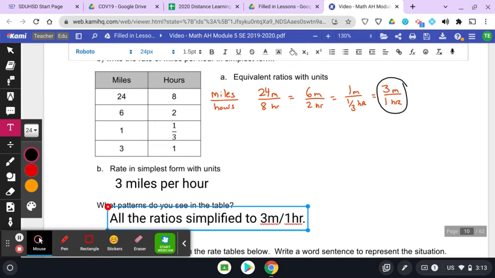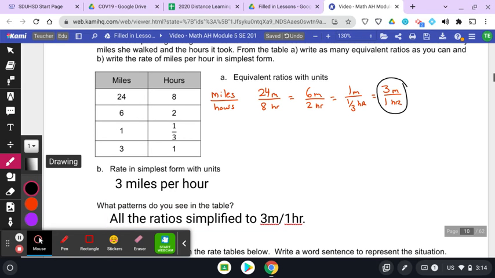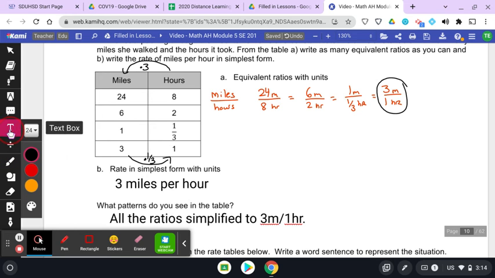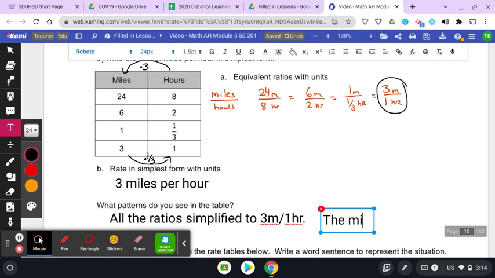It helps us because we see that if we are at hours and we want to get to miles, we know that we would multiply by 3, or vice versa. If we're at miles and we want to get to hours, we're going to multiply by the reciprocal, 1/3, or divide by 3. So then we notice that the miles is 3 times the hours.